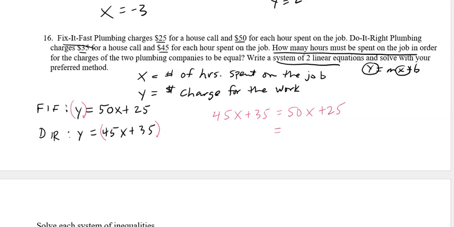All right, and then I'm going to subtract 45x from both sides, subtract 25 from both sides, and my answer for how many hours must be spent for the two plumbing companies to be equal, it would be for a 2-hour job. It's x is 2. We charge the same amount if all you have is a 2-hour job.